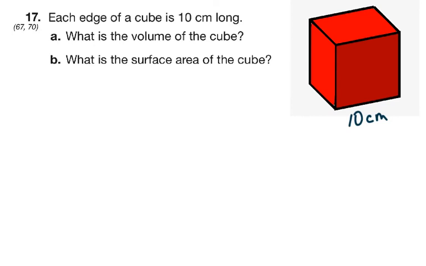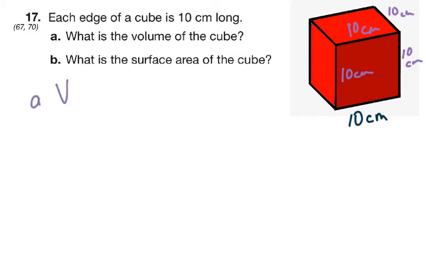All right, each edge of a cube is 10 centimeters long. So all of the edges, everywhere you look on this, it's 10 centimeters. All the way around, every single edge, 10 centimeters, doesn't matter which one. Okay, what is the volume of the cube? Well, what's the formula for volume of a cube?